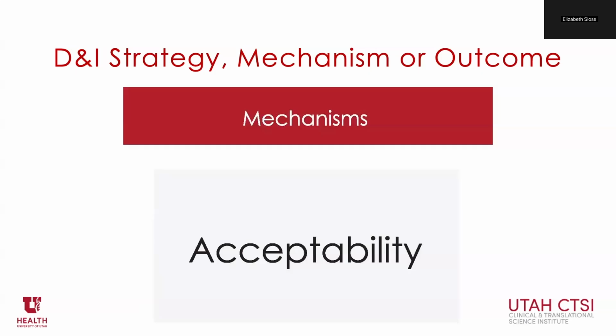Does it mean it'll be adopted? Well, it might be adopted, but it'll be acceptable. That's where I think about the feel of it. So this is one that we purposely included here because you can think of it in a couple of different ways. And as long as you're clear about how you're using this particular type of construct, I think you're okay.